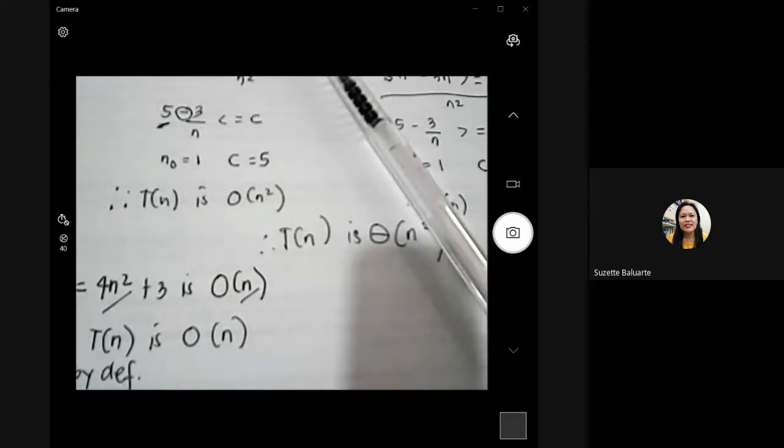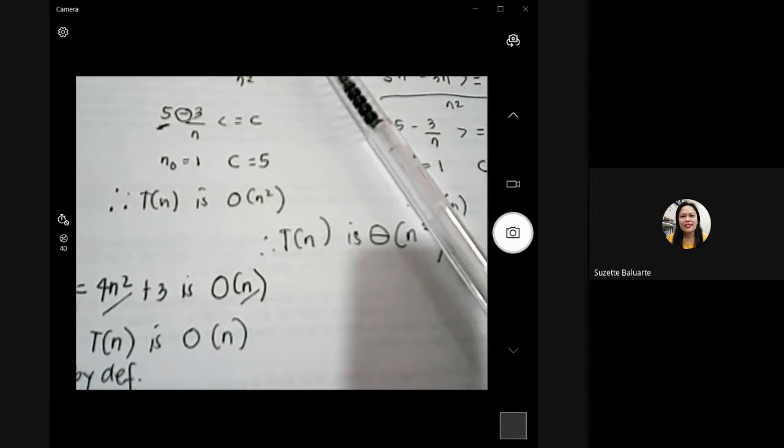Other further, na-discuss ba nako ang tanang mga big notation this morning? Na-clarify ba ninyo siya? Other question?